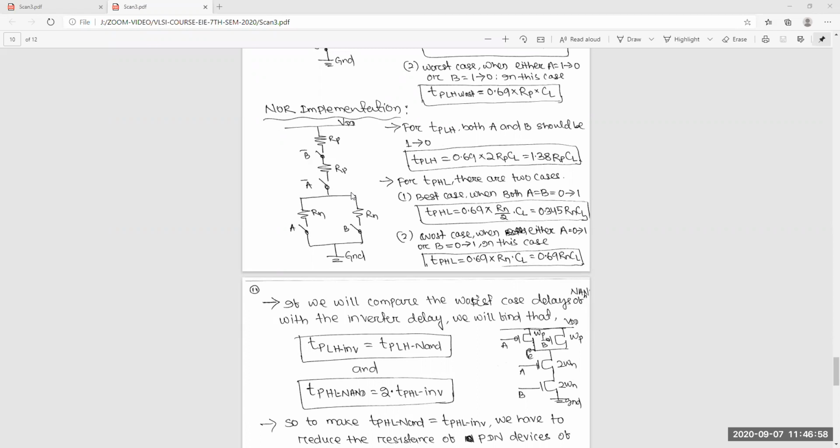So TPLH, low to high, only happens when both will be on.